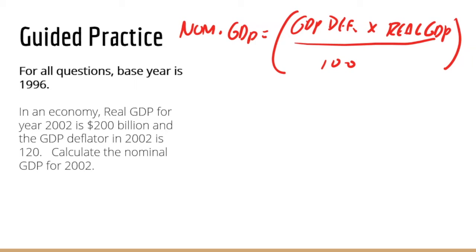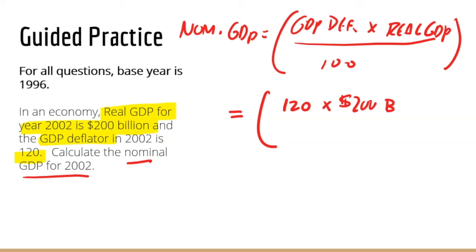Here we want to find out our nominal GDP for 2002. We know our GDP deflator was 120. So that's 120 times our real GDP, which was $200 billion, and we're going to divide it by 100.